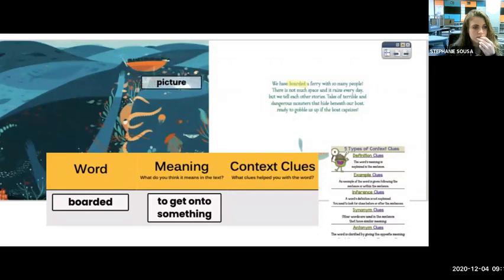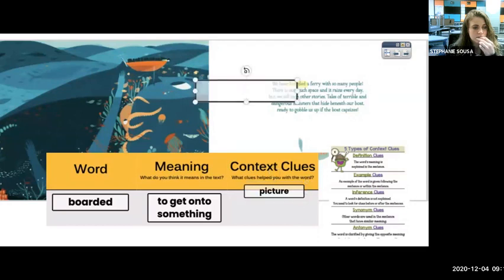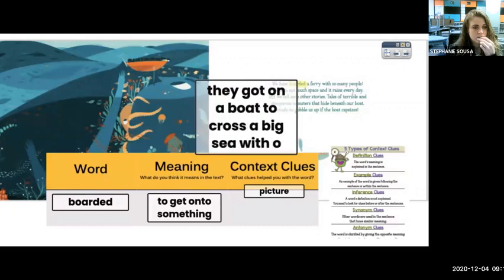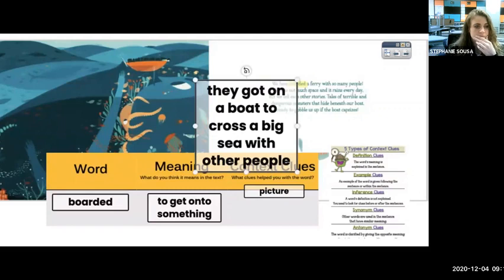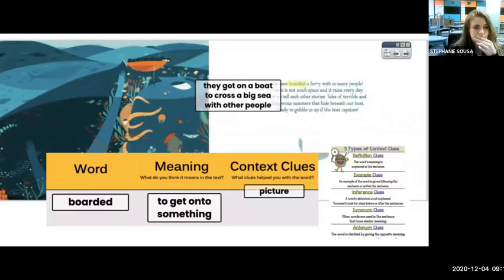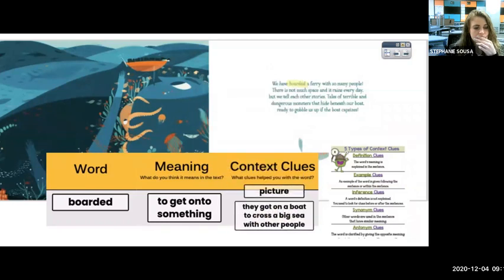I'm going to write the picture to help the teacher know that I used the picture, but then also they got on a boat to cross a big sea with other people.